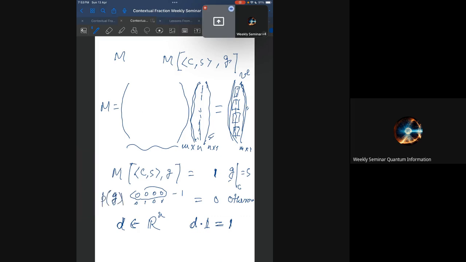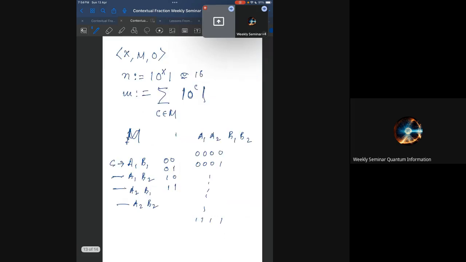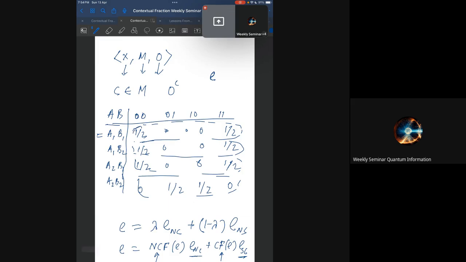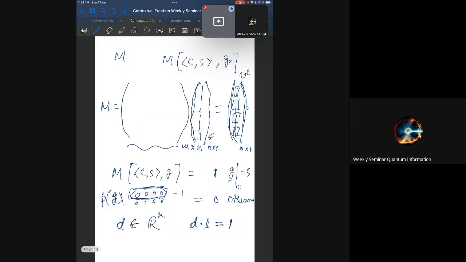But G is the four things. What you are telling for the PR box, I want to reproduce these statistics that are contained in this table. The empirical model is this one, the vector, and this is the hidden variable model, this one.